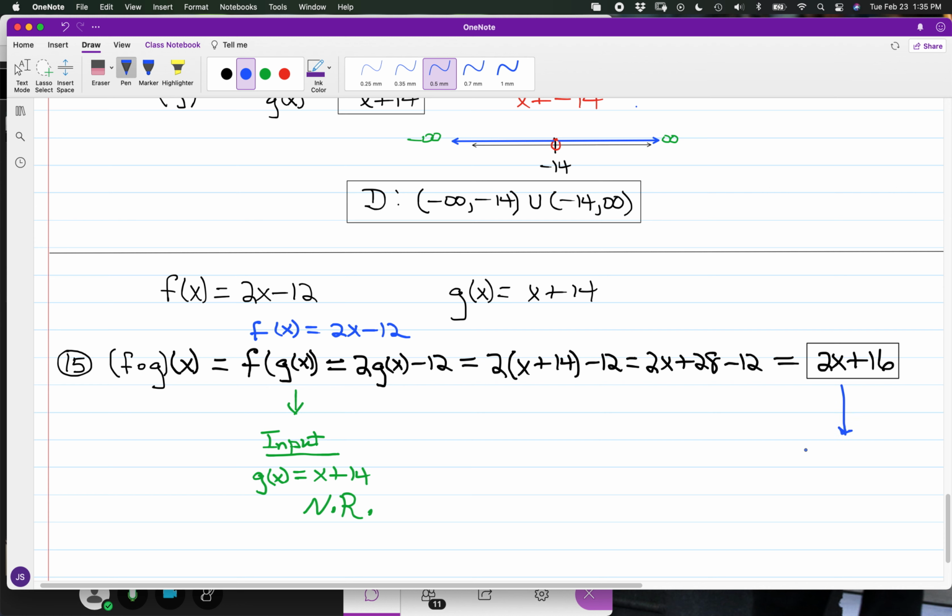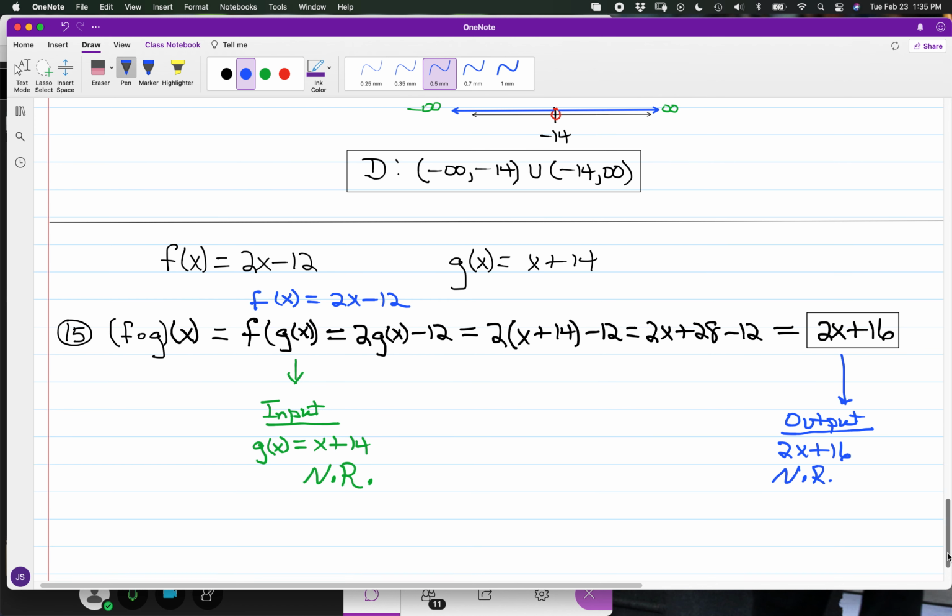And we have for the resulting output, again, that is 2x plus 16, so you don't have a fraction or an even root radical, so this one has no restrictions.